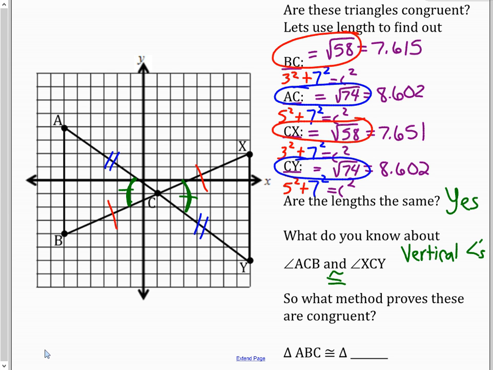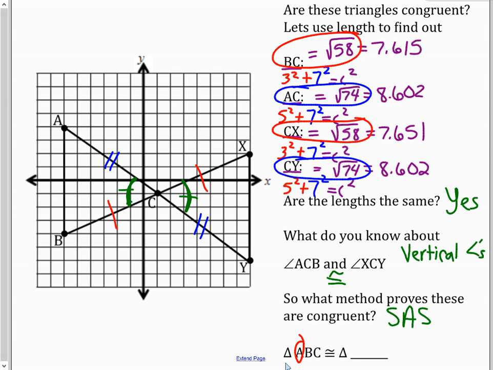So now, looking at my picture, what method proves that these two triangles are congruent? I have an angle included between two segments, and I have an angle included between two segments. So that gives me side, angle, side. Now I need to be sure to match my letters up.